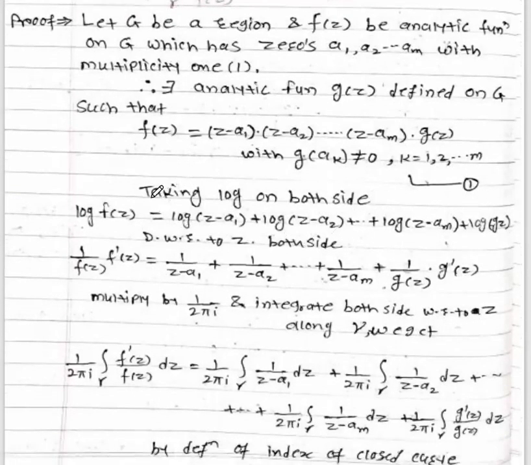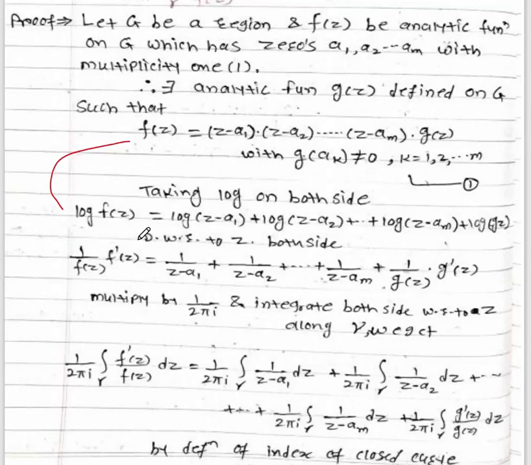Then the equation becomes log f(z) equal to, applying the formula log of a into b, log(z minus a1) plus log(z minus a2) plus and so on, the last terms being log(z minus am) plus log g(z). Now we will differentiate on both sides with respect to z.